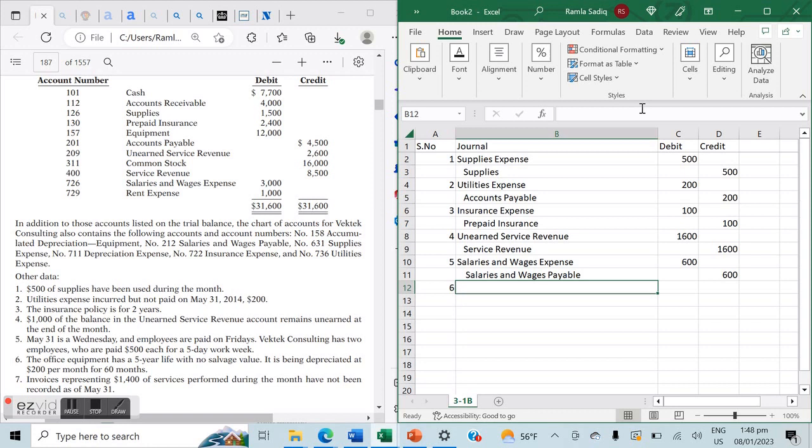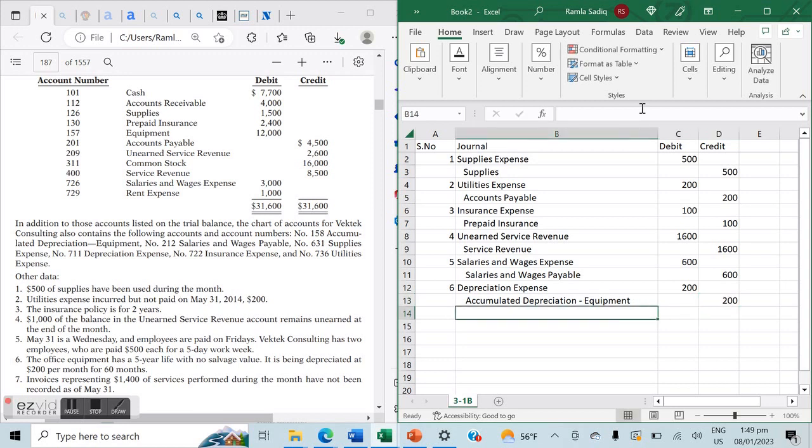We know that depreciation is always to be adjusted as depreciation expense to be debited, and accumulated depreciation for whichever asset category. So accumulated depreciation, in this case, this is for equipment. Accumulated depreciation equipment is to be credited. Now, because they've given us the value, we're just going to enter it. It says $200 per month. We know that we're adjusting for 1 month.